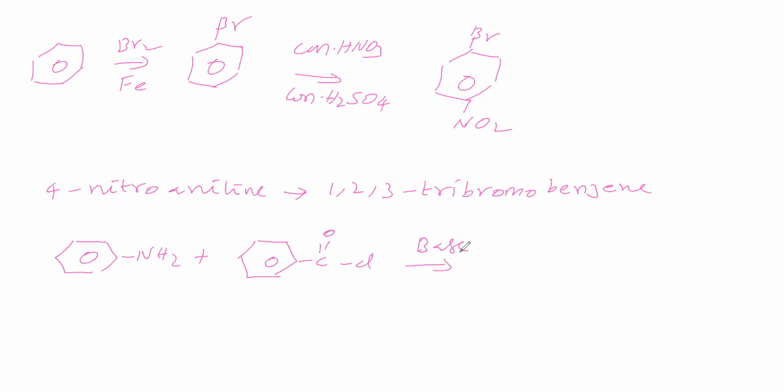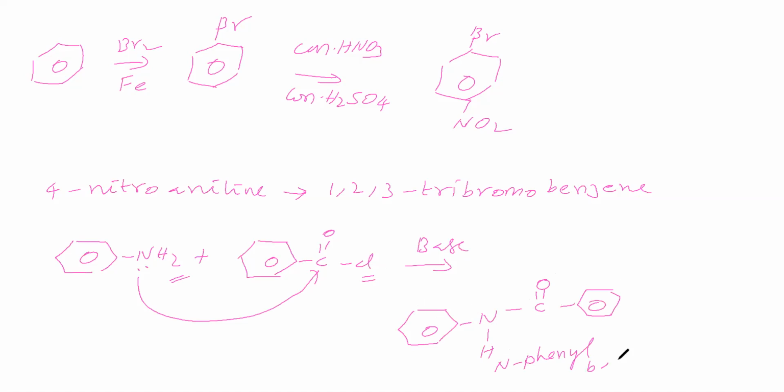HCl is leaving, and the N attacks this C by nucleophilic substitution. So we get the product NH, CO and benzene, like this. The compound name is N-phenyl benzamide. So we got the N-phenyl benzamide compound.